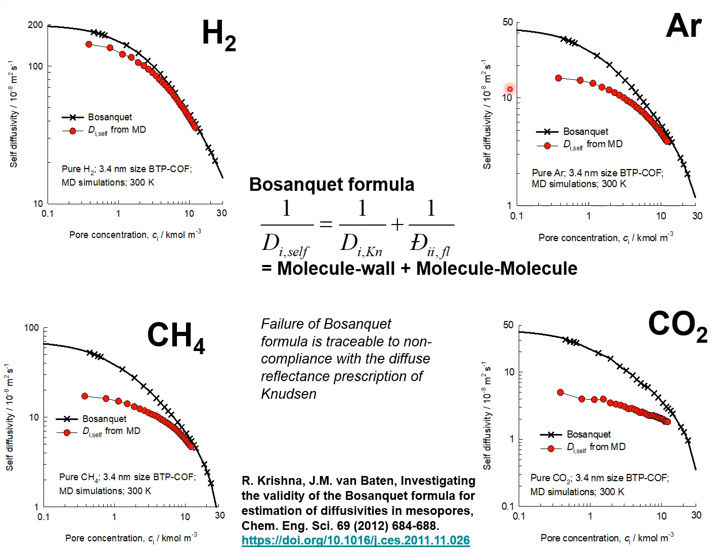The story is identical to that of methane, where the agreement is poorer for low pore concentrations and becomes increasingly good. The Bosanquet formula becomes increasingly accurate as the pore concentration increases to say beyond 10 kilomoles per cubic meter.